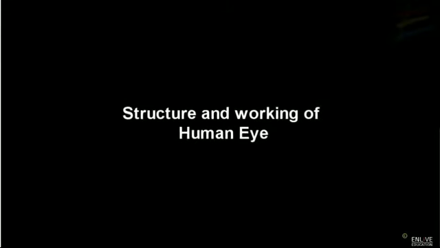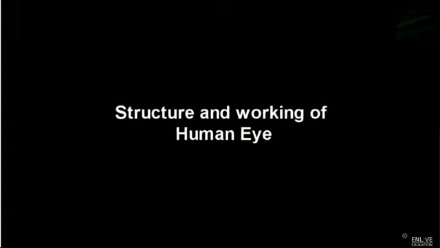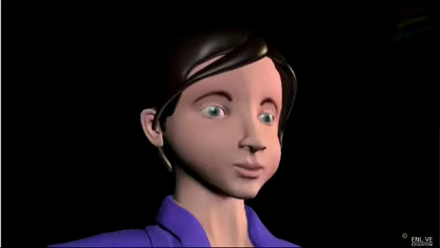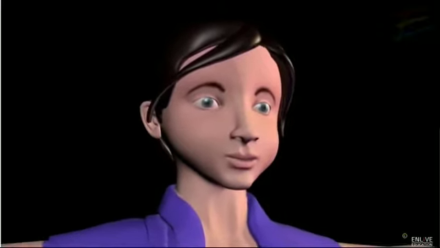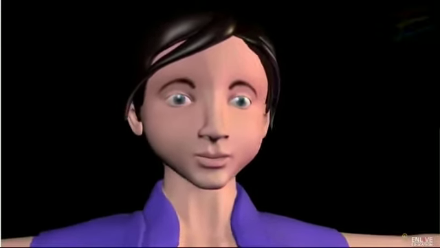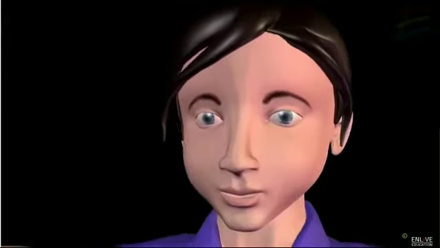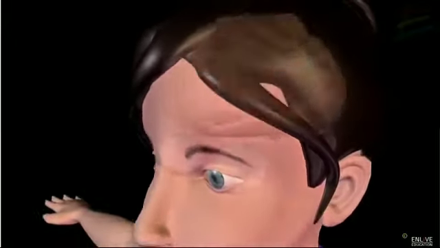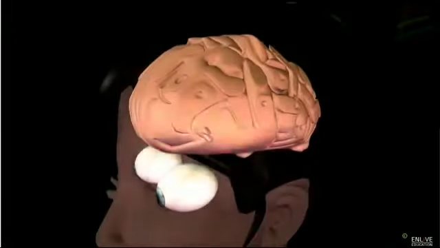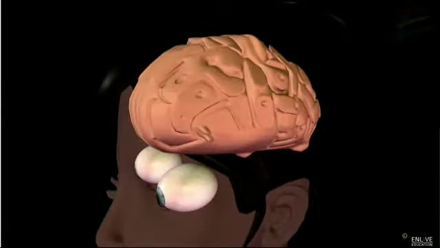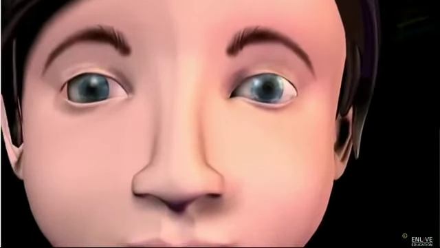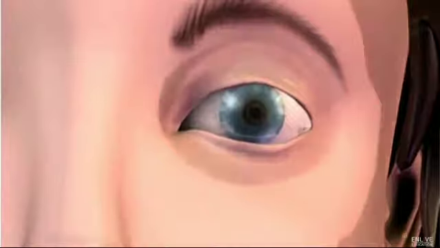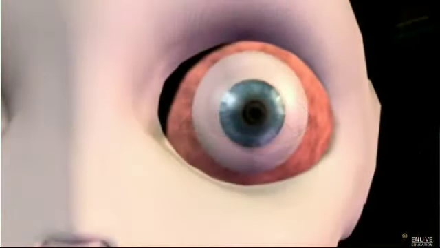Next very, very important topic is human eye. The human eyes are the most valuable and sensitive organ responsible for vision. They are the gateway to the wonderful world.